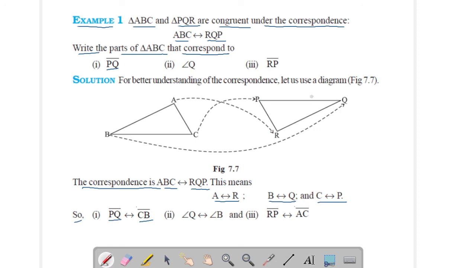Then second part, angle Q. This vertex corresponds to angle B. Therefore, angle Q corresponds to angle B. And in the third part, line segment RP corresponds to line segment AC.